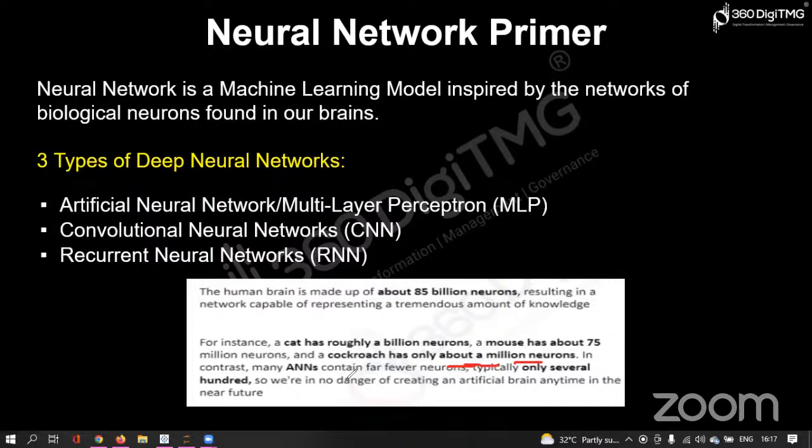In contrast, many ANNs contain far fewer neurons, typically several hundreds. Whenever we create ANNs, we have just hundreds of neurons.